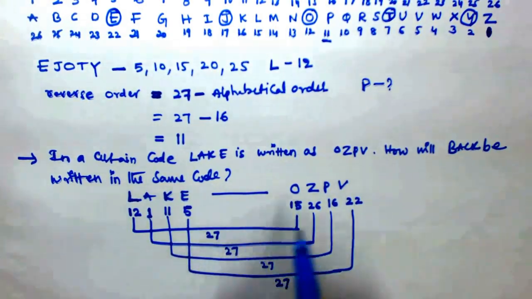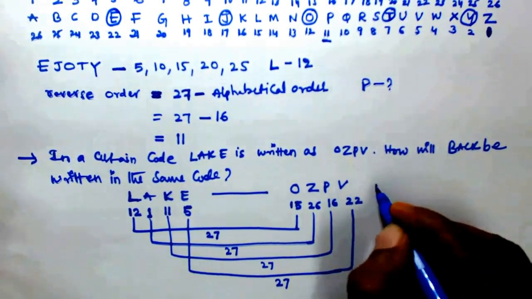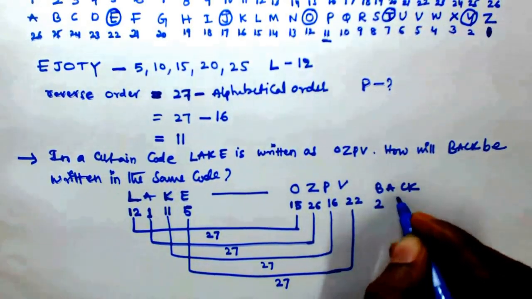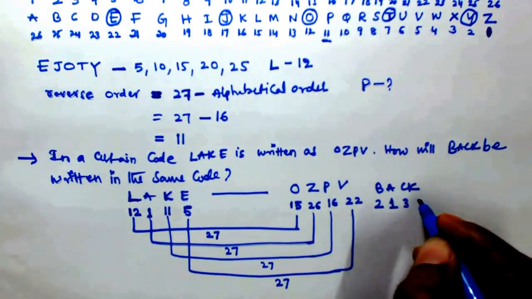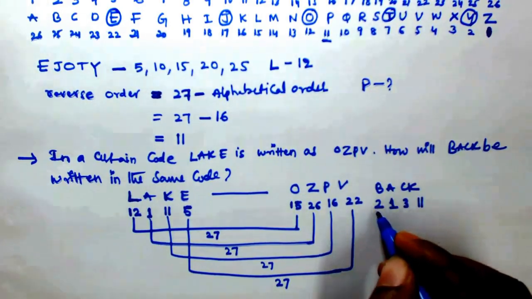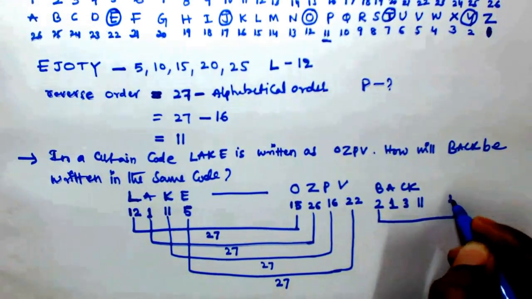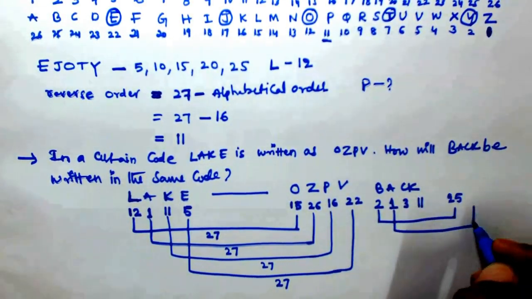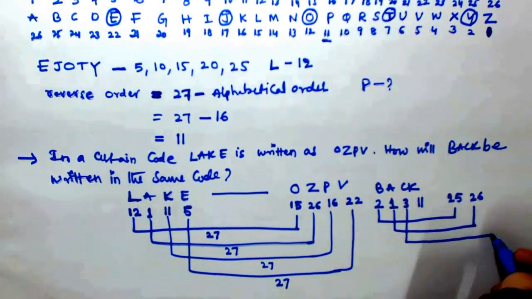In the same manner we have to write the code for BACK. B is 2, A is 1, C is 3, and K is 11. By adding what value to 2 will we get 27? That is 25. By adding 26 to 1 we get 27.